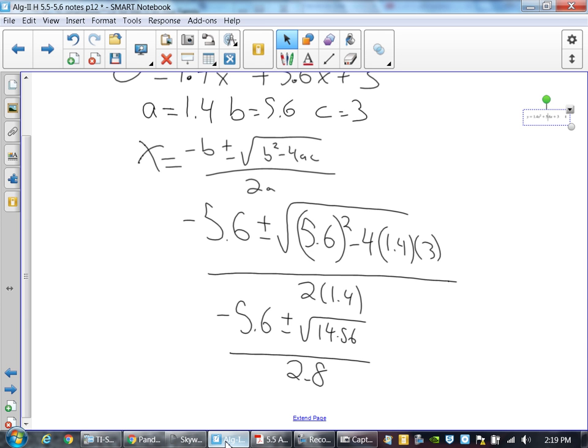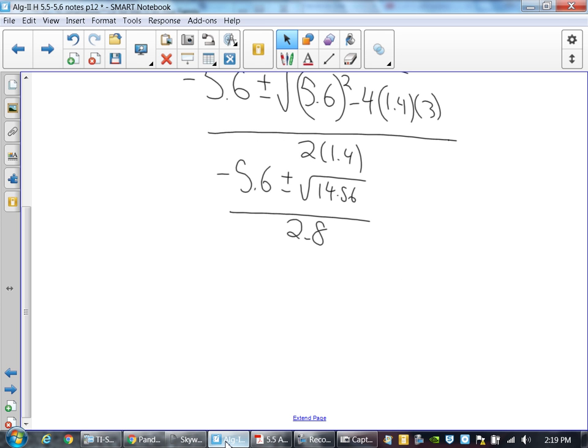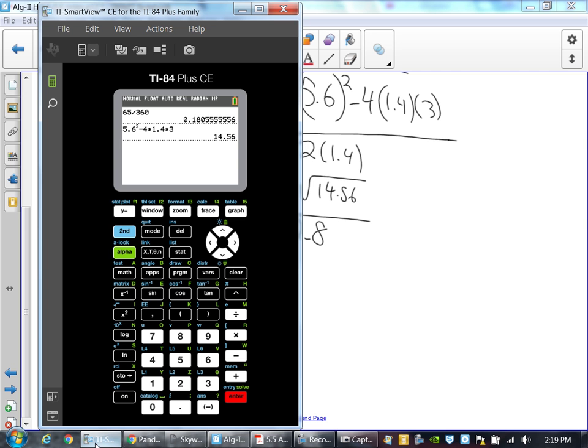I don't believe 14.56 is going to be a perfect square. But do you know how to check the square root of that without having to retype it? Hit second, square root, and use the answer button for the last answer you get. And those are your values.